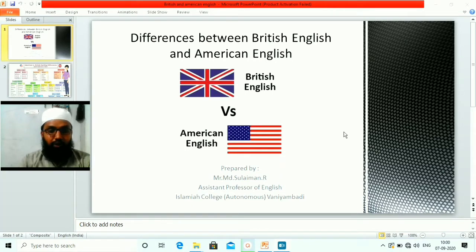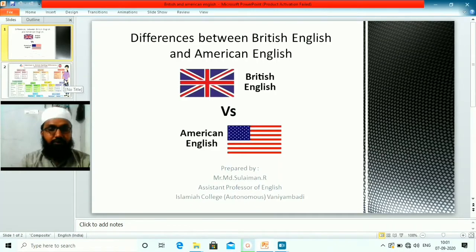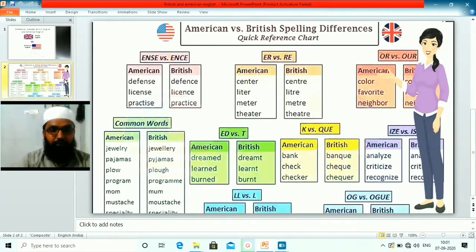Now I would like to tell you about the differences between British English and American English. My dear students, I hope that you might have learned about British and American English. Now here I have brought one chart. With the help of this chart, we will learn something.